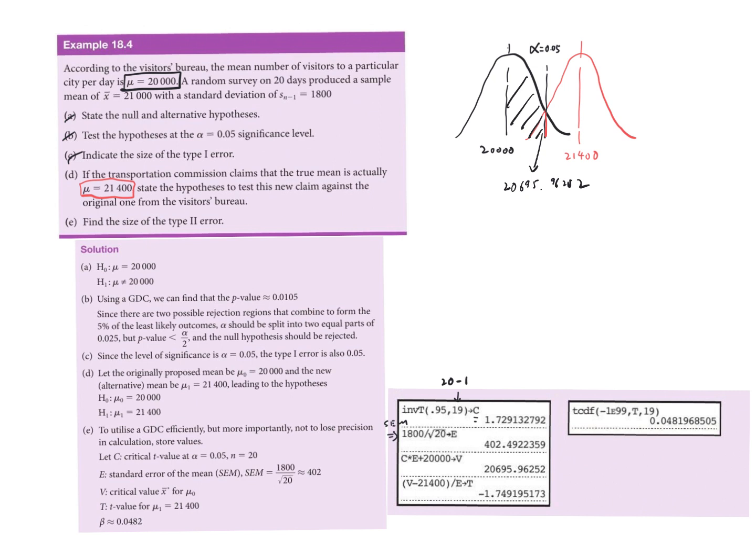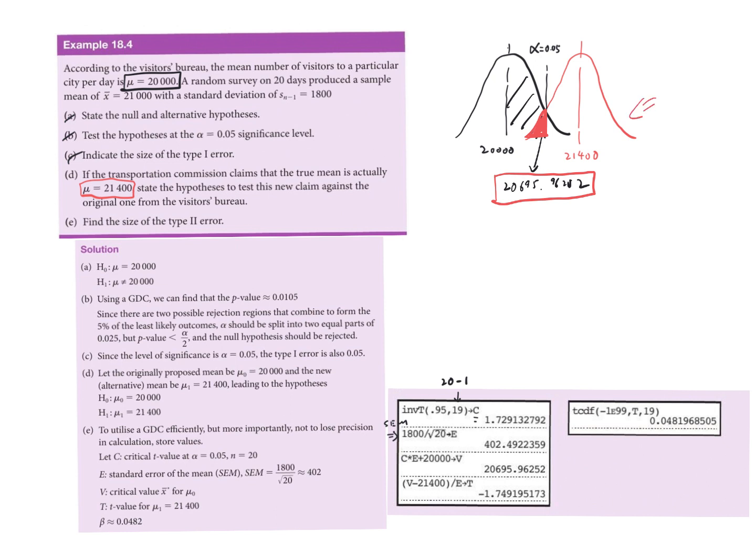So we calculate the probability according to the new actual mean of 21400. Making use of this critical value, we go back to find the T statistic using the new distribution, the red one, the actual one.